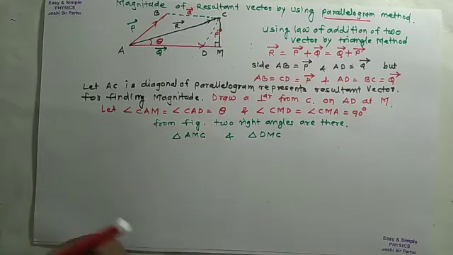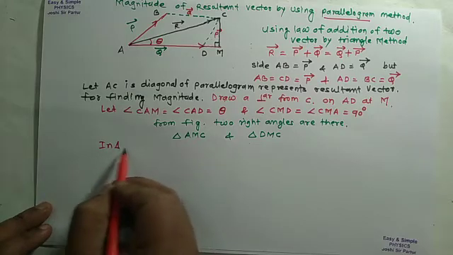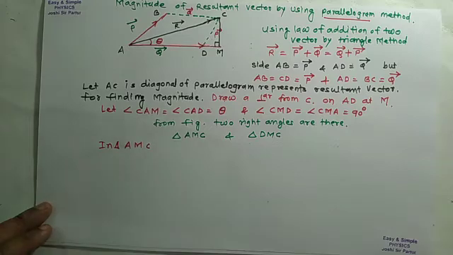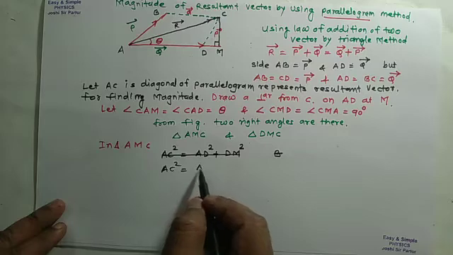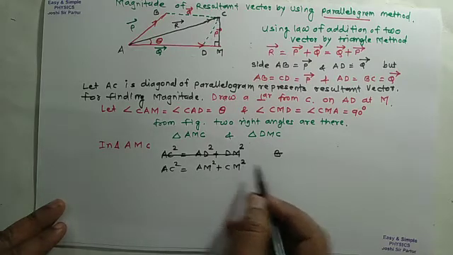In right angle triangle AMC, we know that AC square is equal to AM square plus CM square.